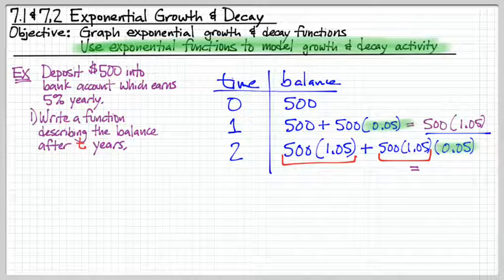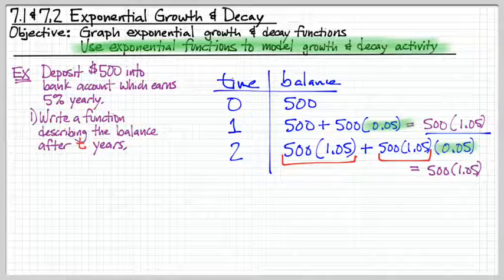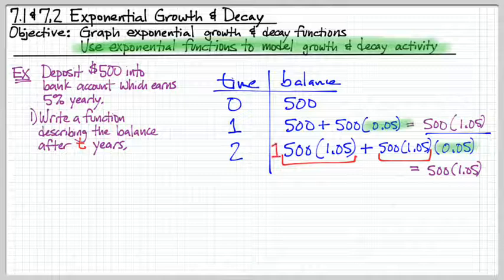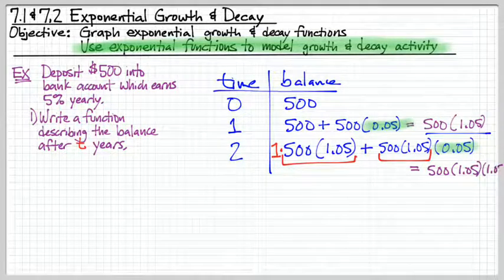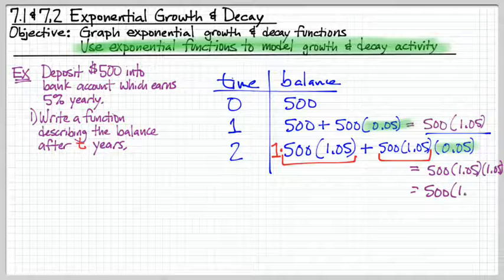So I have 500 times 1.05 times another 1.05, imagining this invisible 1 plus 0.05 here. So I could rewrite this like this: 500 times 1.05 squared.